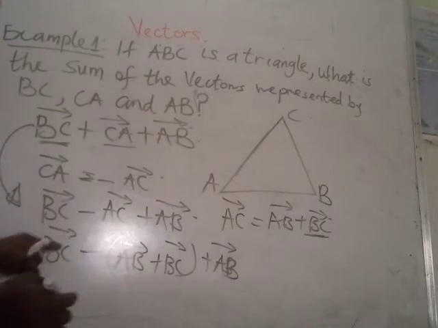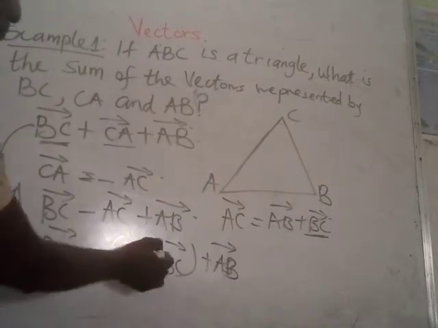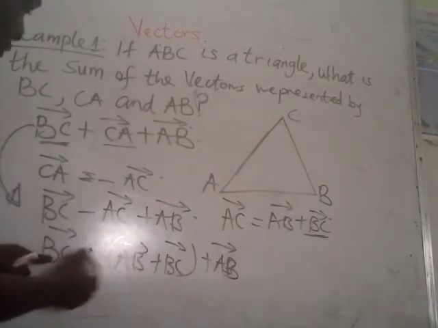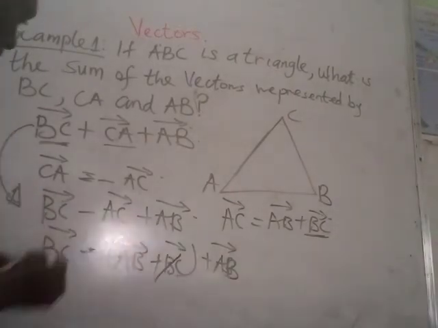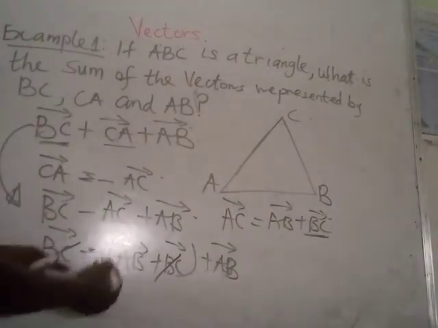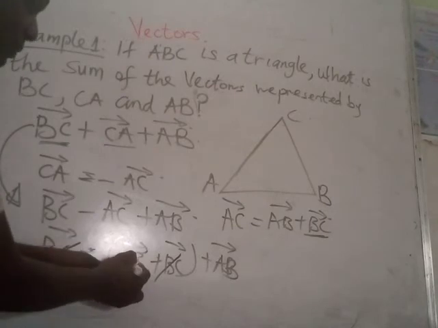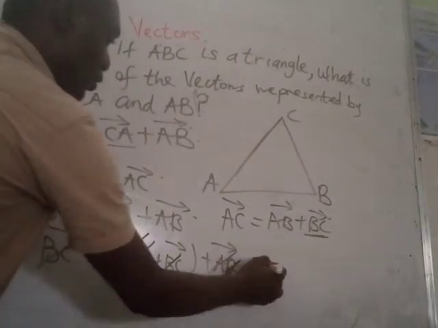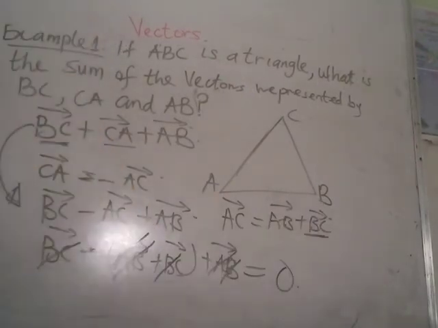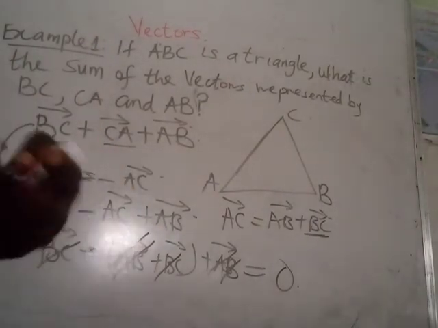Minus times plus is minus. So BC minus BC cancels out. Then I have minus AB plus AB, so this also cancels out. So the resultant of the sum of these vectors is equal to what? 0.